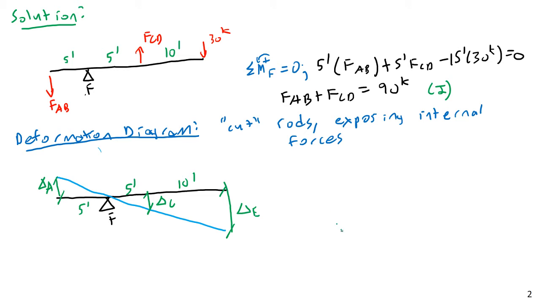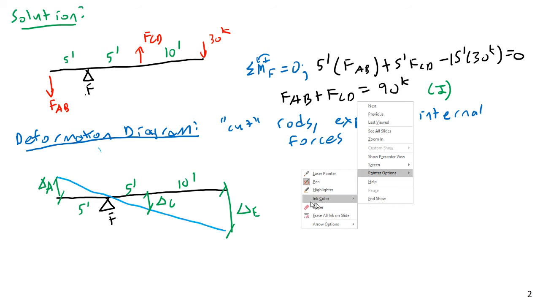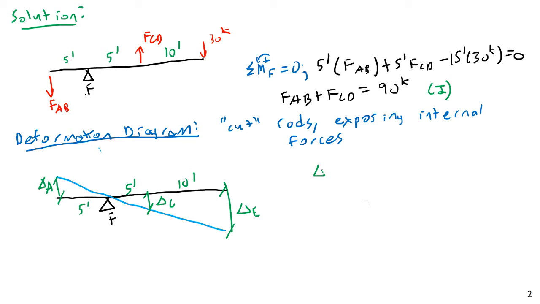Okay, so I'm going to use the relationship, and look, these are similar triangles. So I can use the relationship delta A over 5 feet equals delta C over 5 feet equals delta E over 15 feet.